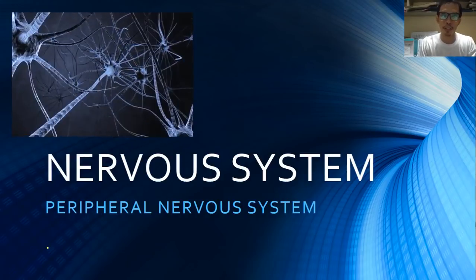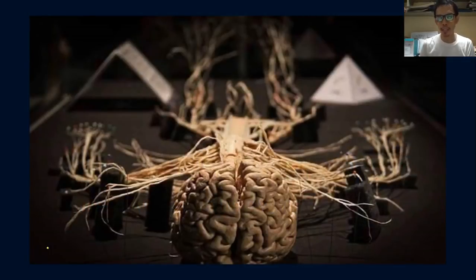Alright, so let's go. Now, as you can see here, we have the brain that is connected to the spinal cord, then the spinal cord is connected to the nerves on different body parts. So, as we can see here, the brain cannot function if it is isolated. Just like a leader, if the leader is isolated, it becomes weird.